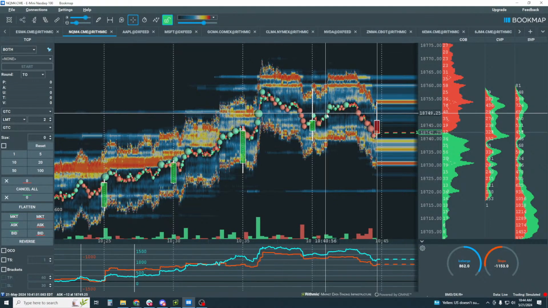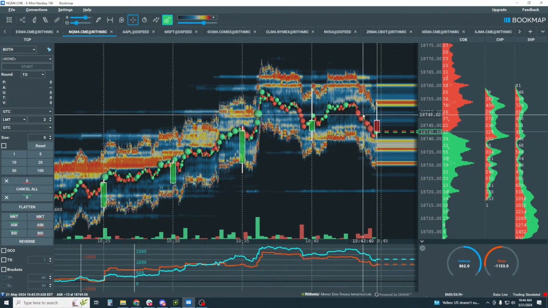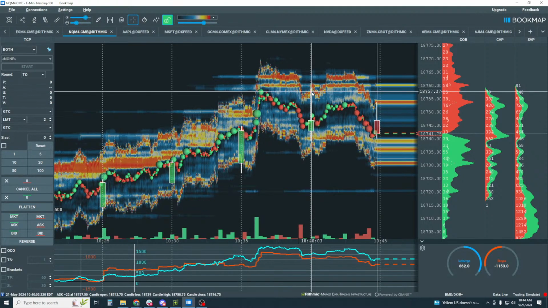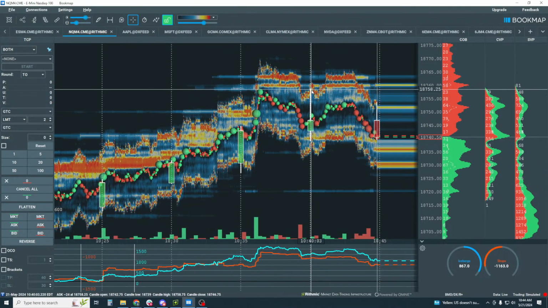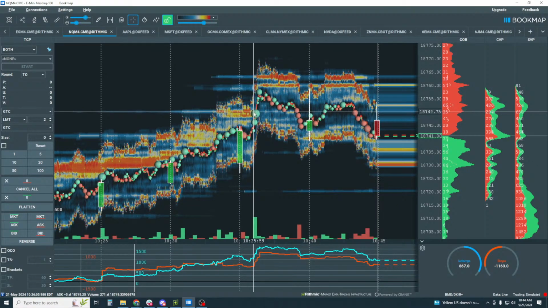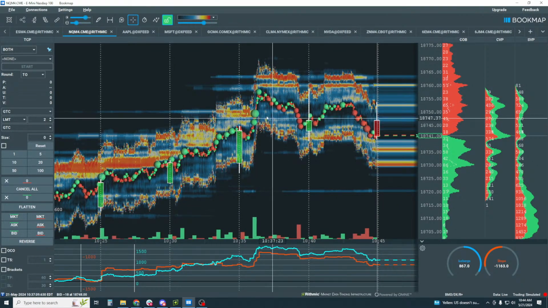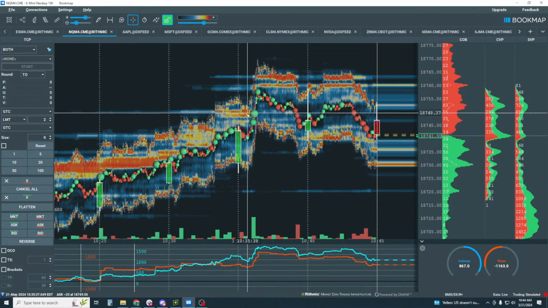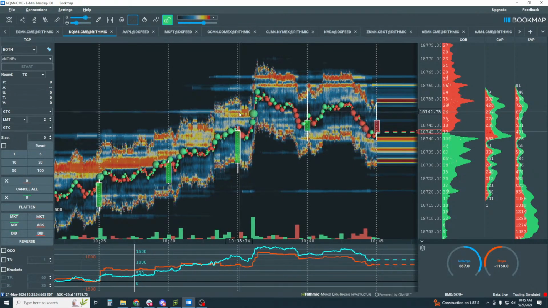Now, the candle is just really a blunt guide to order flow. Bookmap is really precise, giving you the understanding of what exactly happened up here.